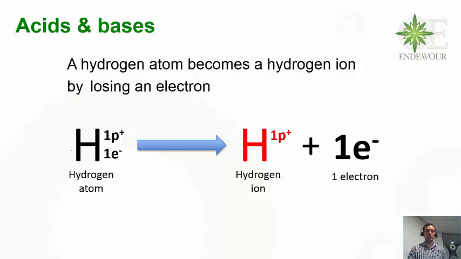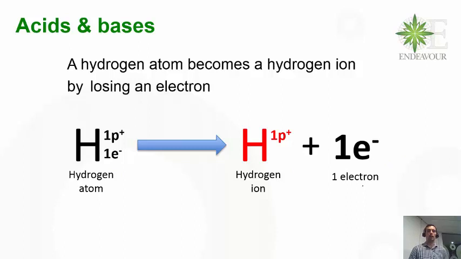So here we can see how the hydrogen atom becomes the hydrogen ion. So it's the same process as would happen when a component is undergoing an ionic bond. An electron is being given away to another component. In this representation, we can see that the hydrogen atom is losing the one electron.